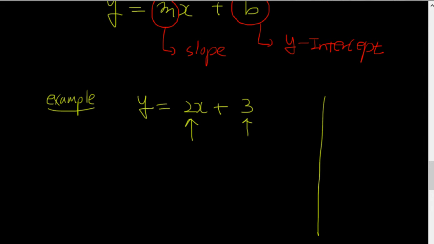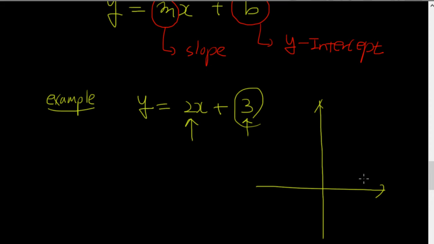Well, let me go straight down. Let's say this 3 is a y-intercept. So if it's 1, 2, 3, I know that this line I'm looking for is going to pass this point. It makes sense because that's what y-intercept means.